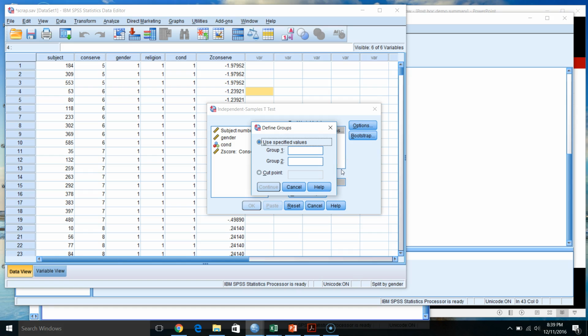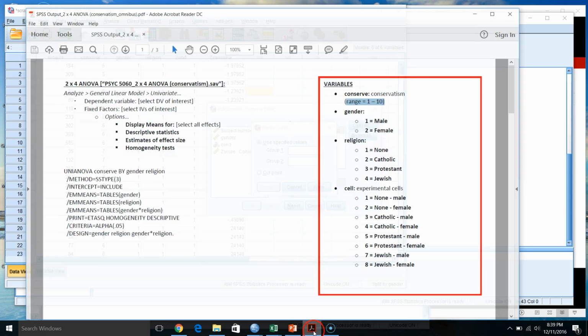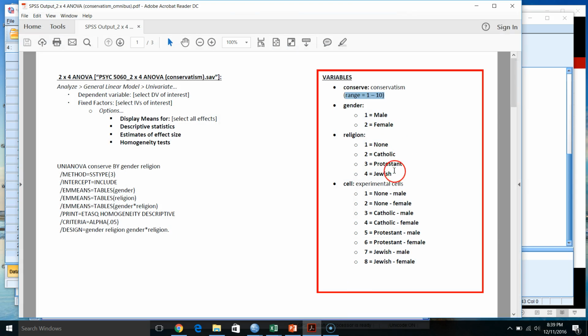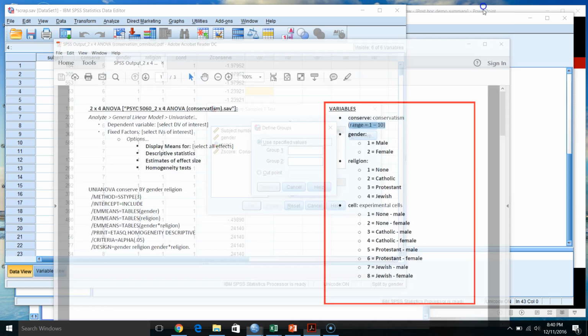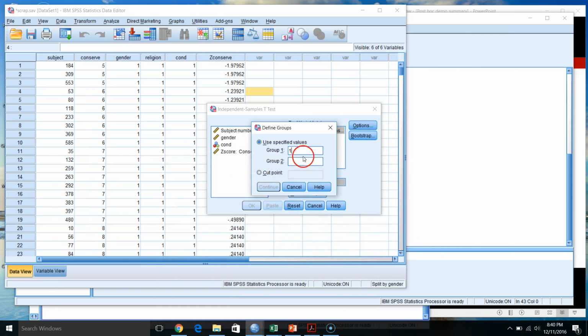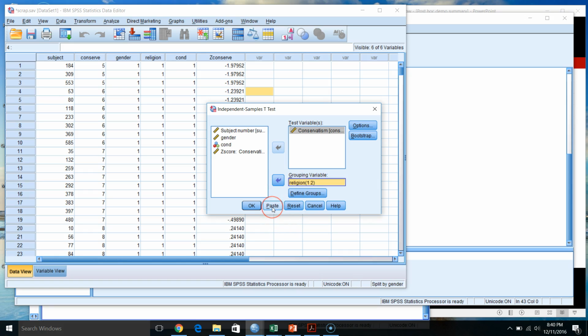Now remember, our religious affiliation is coded 1, 2, 3, 4. For this first test, we're going to compare 1 and 2. Because we still have that split file on, for our women it's going to compare unaffiliated women with our Catholic women. I'm going to hit continue, and then I'm going to paste.